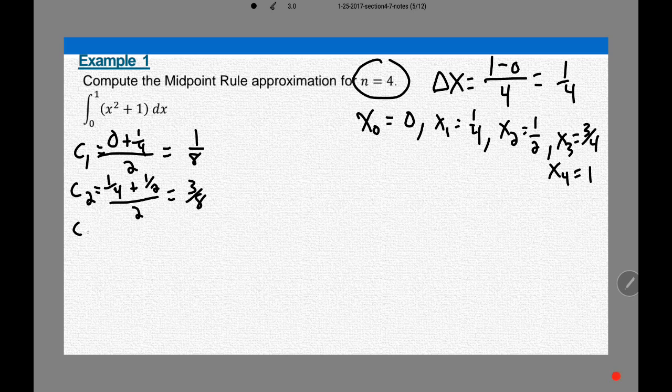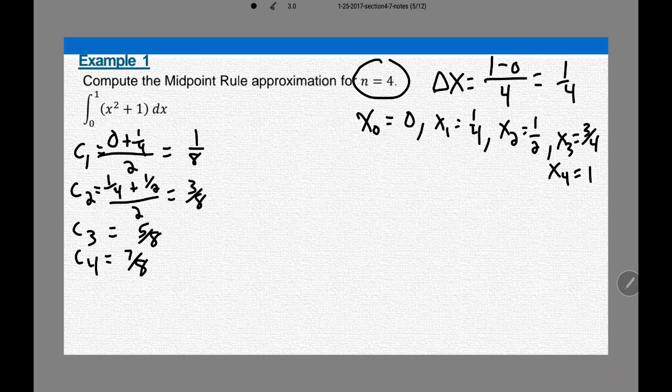So you do that for all of them. I'm just going to cut to the chase on c3 and c4. You add the two values. The last one is 3/4 plus 1 divided by 2, and that gives us 7/8.